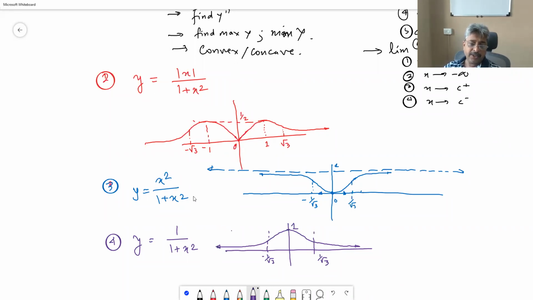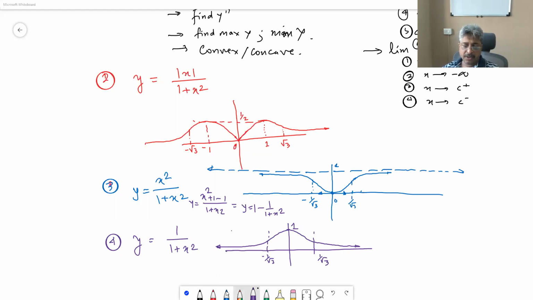So if we rearrange this, what do we get? X square plus 1 minus 1 upon 1 plus x square, which is equal to y is equal to 1 minus 1 upon 1 plus x square. So if we know the graph of this function, that is this, we want minus 1 upon 1 plus x square.